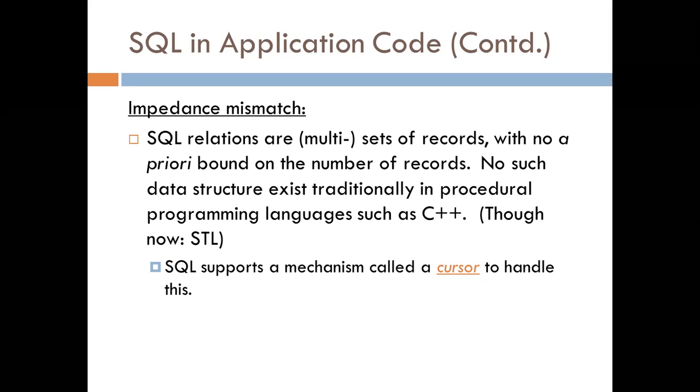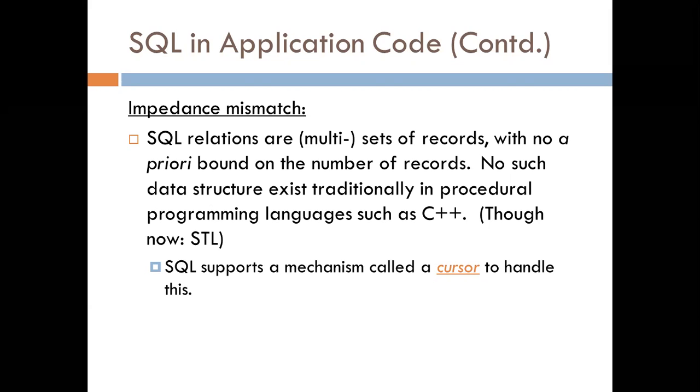We can declare a cursor on any relation or any SQL query. Once a cursor is declared, we can open it and extract one row at a time. We'll extract one row, complete its processing, then extract the next row.